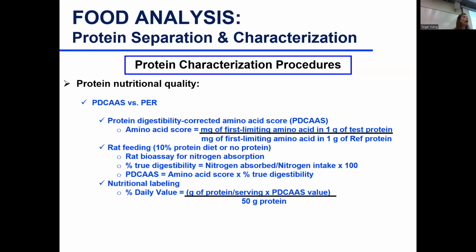So we need to know how much food we fed the rat, and then calculate the amount of nitrogen absorbed relative to nitrogen intake. And then to calculate PDCAAS, we have the amino acid score times true digestibility. It's the in vivo approach.